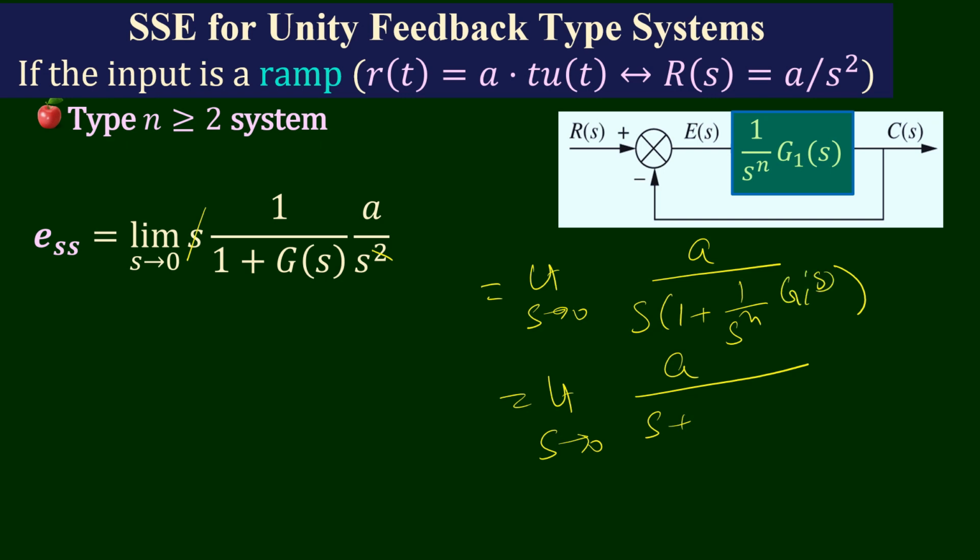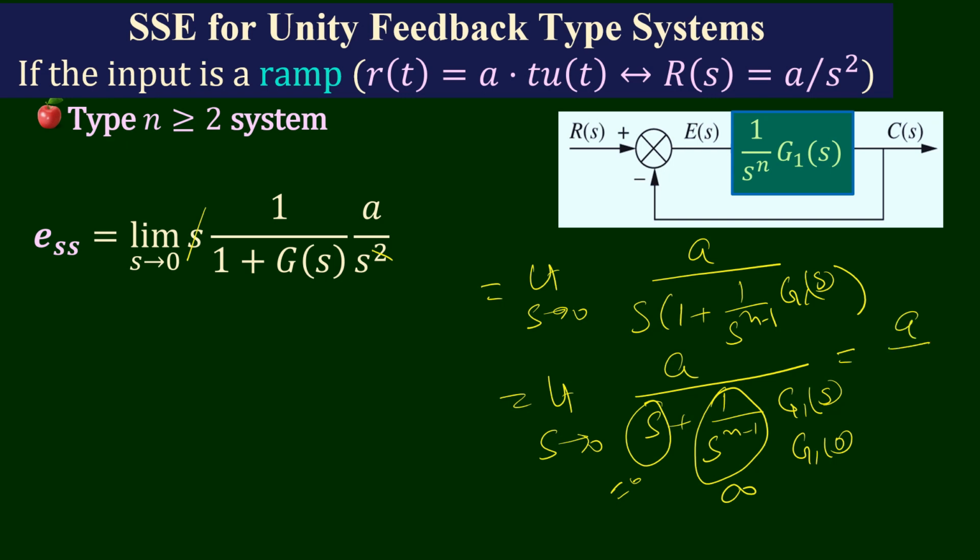G1(s). So then we say s, so it will be 1 over s^(n-1) G1(s). So this will be 0, this component will reach infinity, and this will be G1(0). So this whole thing will be A upon infinity.